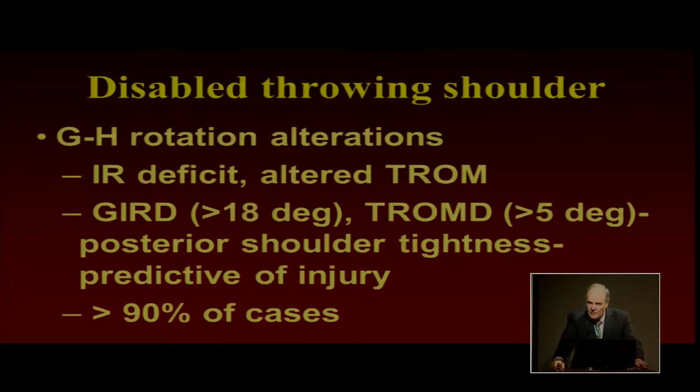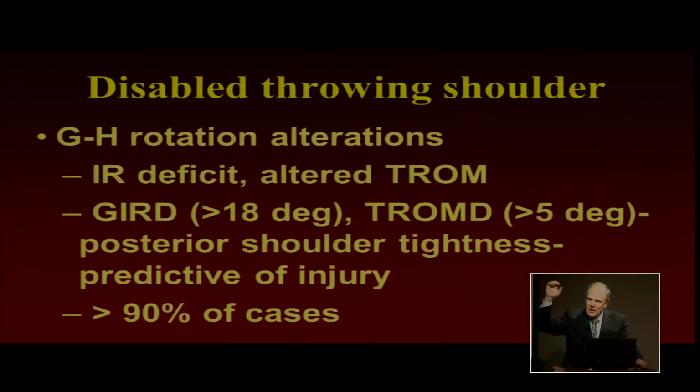Mr. Kevin Wilk, physical therapist, working with our group and Dr. Tim Moole, came up with this concept of what we call posterior shoulder tightness. It's measured as an asymmetry in internal rotation of greater than 18 degrees and a measured asymmetry of total range of motion of more than 5 degrees. I'm pretty sure that the total range of motion is very, very sensitive.